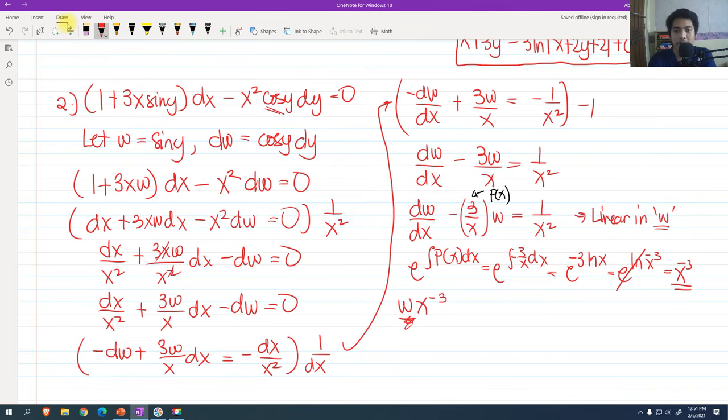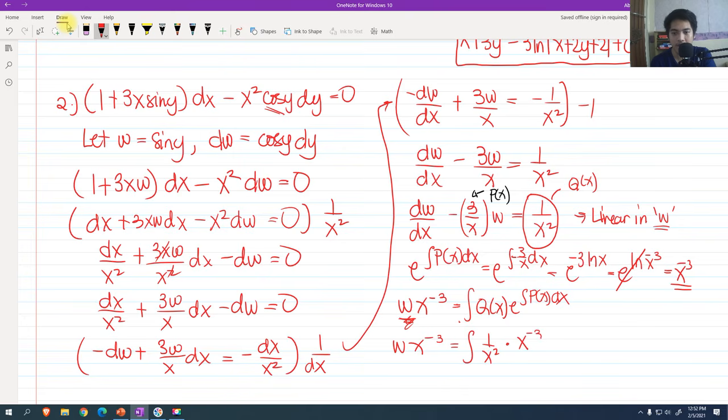Okay, that's equal to the integral of q of x multiplied by the integrating factor. So the right side of the equation. So we have w x raised to negative 3. And then we have the integral. In this case, this is our q of x. Remember, in the study of our linear equations. So we have 1 all over x squared multiplied by x raised to 3.